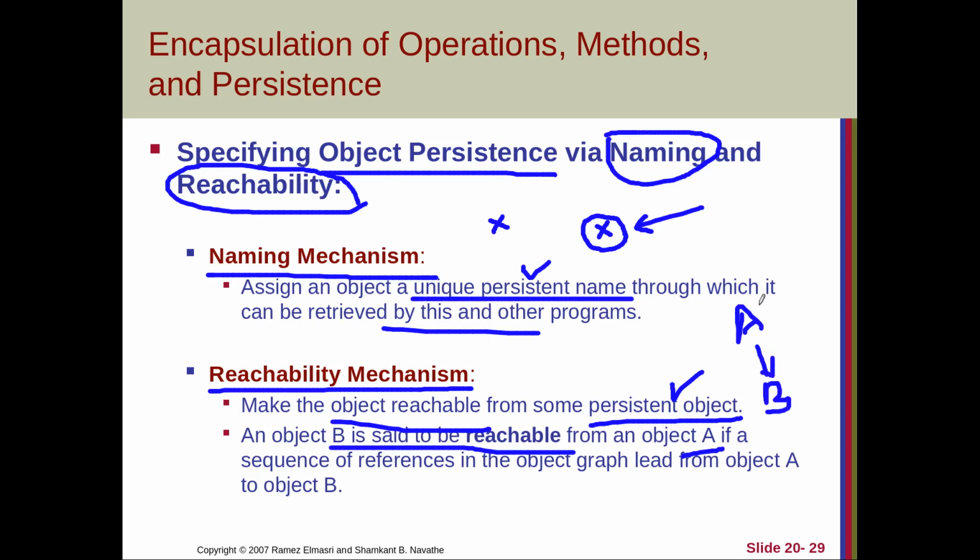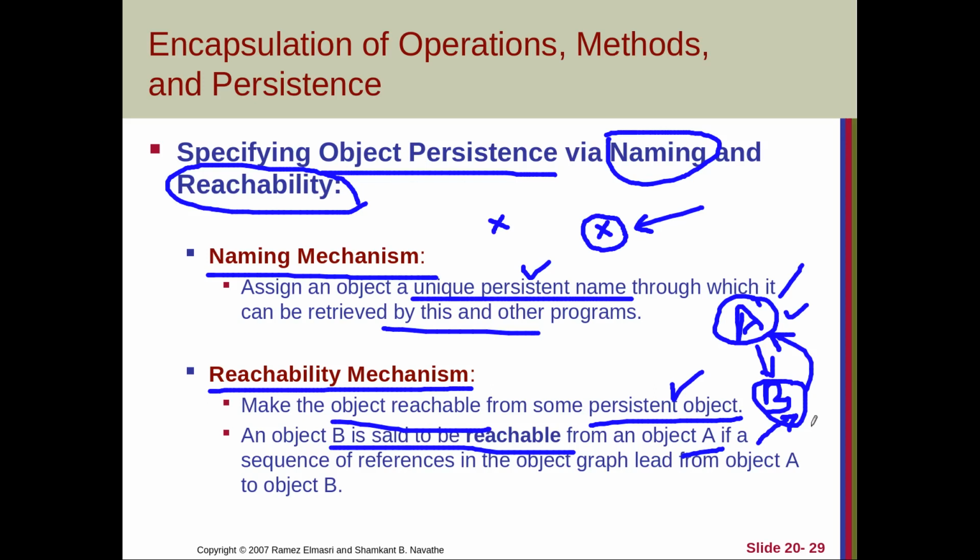Now if A is a persistent object, for example, and B is reachable through A, in the outside world B is not actually a persistent object, but it is possible to have access to B through another persistent object called A. Then B can be accessible, or we can also say that B is also persistent because through another persistent object we can have access to B also.